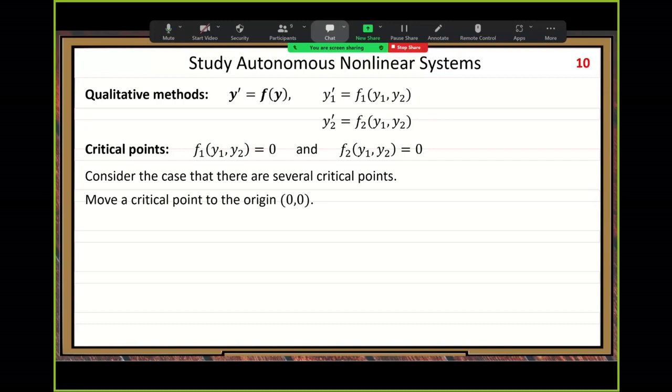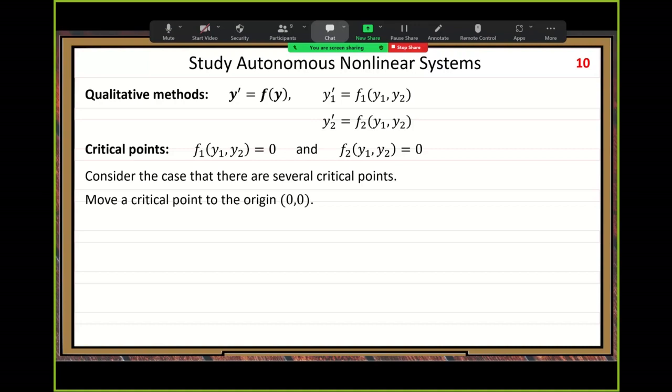So for that purpose, we like to shift. When we study one particular critical point, we study them one by one, one after another. Every time we study a new critical point, we want to shift our axes, that is, translate our coordinate system and move the origin to that critical point.